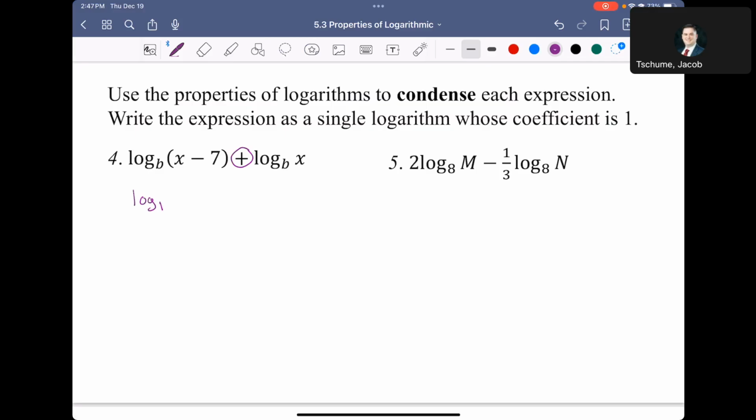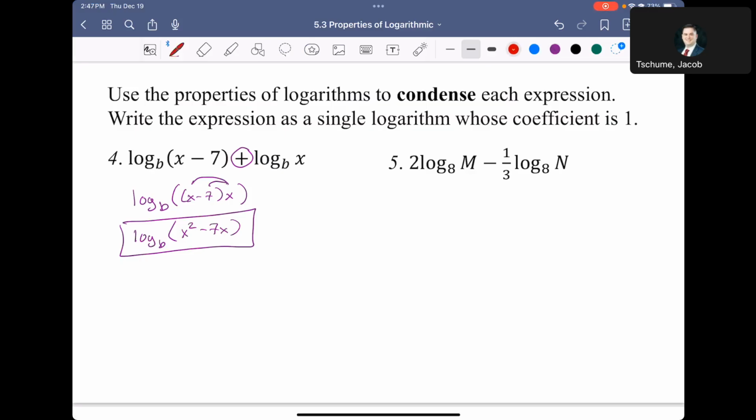So this becomes log base b of your first term, x minus 7, multiplied by your second term, x. Then you can multiply these together. I would distribute that x through, and you would get log base b of x squared minus 7x. This is your fully condensed answer. You can't go any further than that.